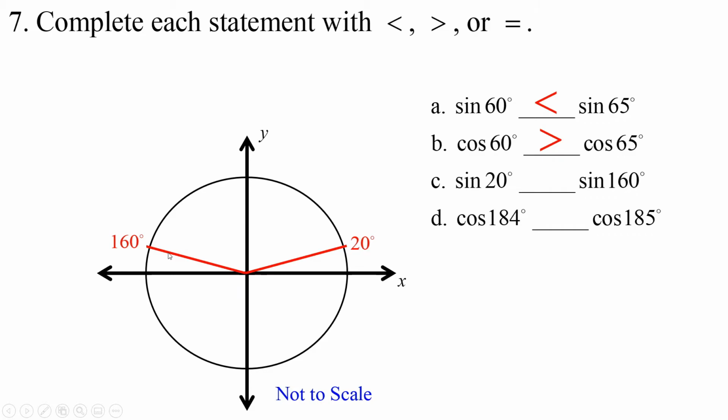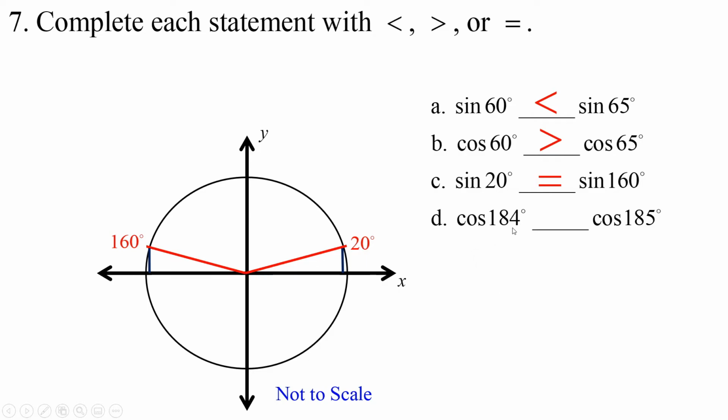Yes, it is. And we're talking sine of those two angles right there, which measures this vertical distance. And those two vertical distances would be equivalent. So sine of 20 degrees equals sine of 160 degrees. What, did I call that 60 earlier? I hope not. Anyway, last one right here.